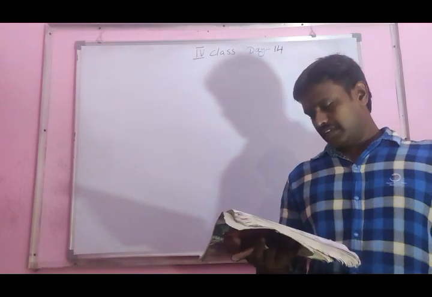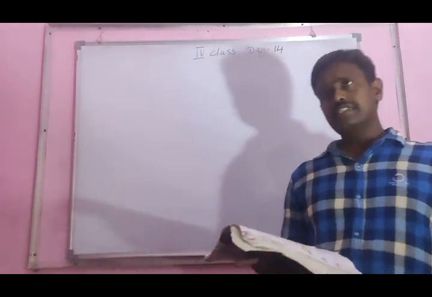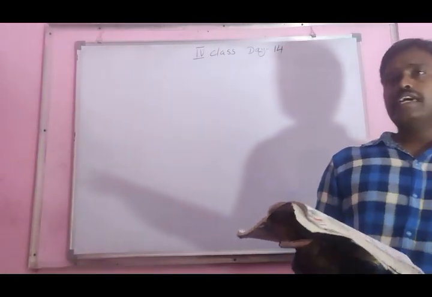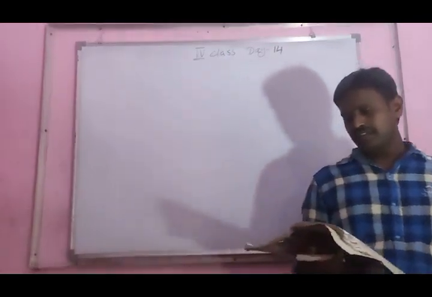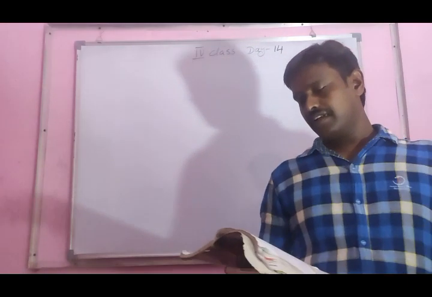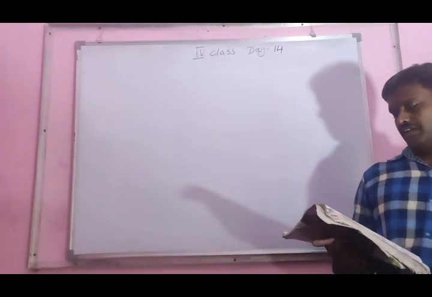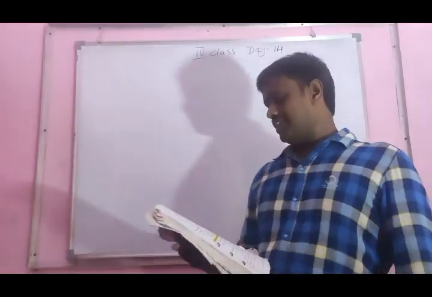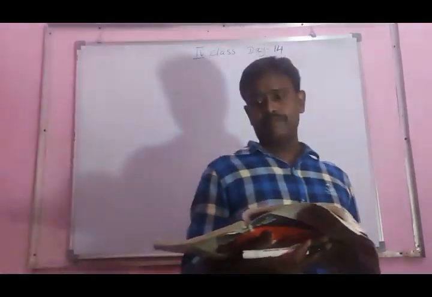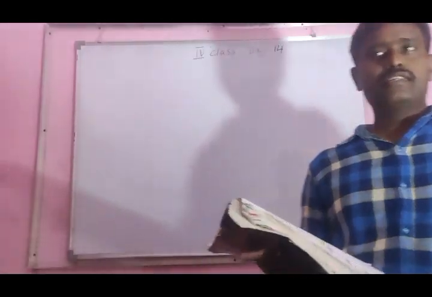Fourth class maths, page number 87, fourth Roman, A and B completed. Okay, fourth Roman is: write the following numbers in ascending order.